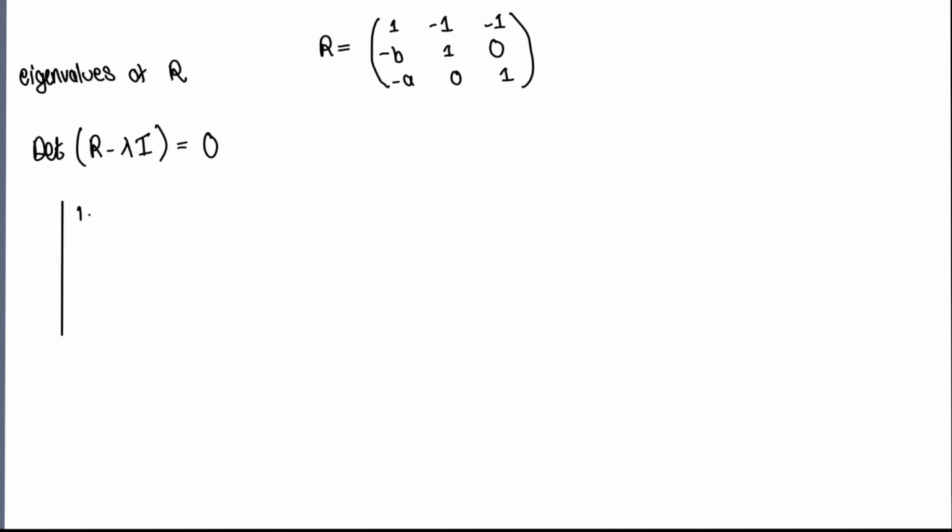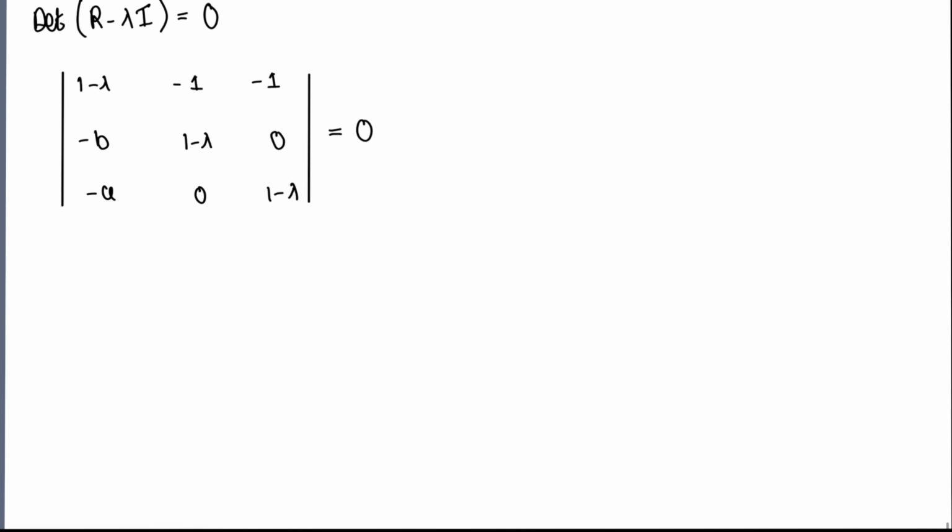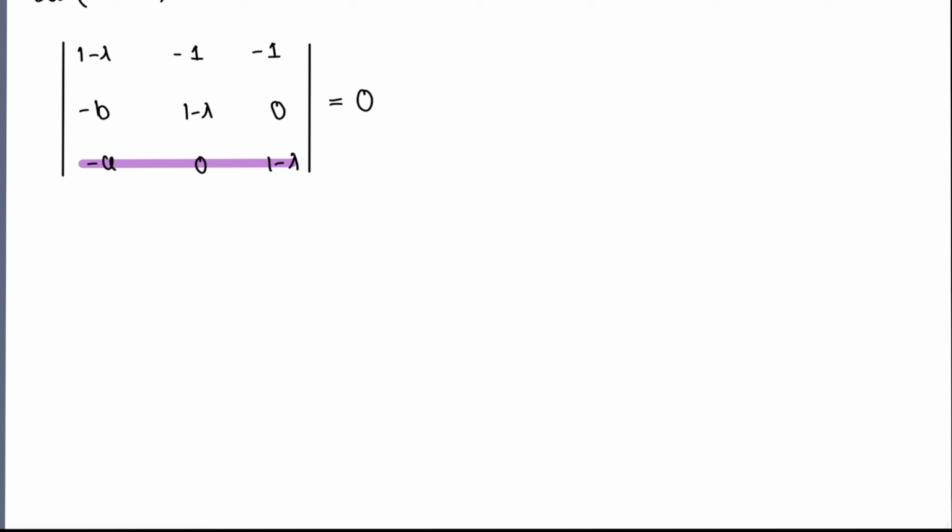So that gives us 1 minus lambda, minus 1, minus 1, minus B, 1 minus lambda, 0, and then minus A, 0, 1 minus lambda. I'm going to be using the last row to find the determinant because I think that would be easiest.